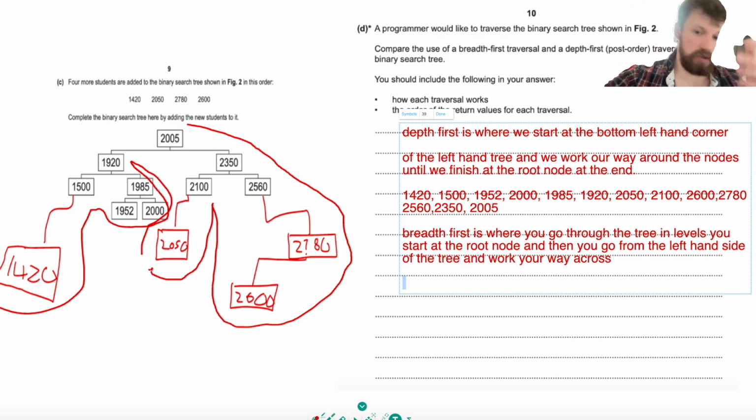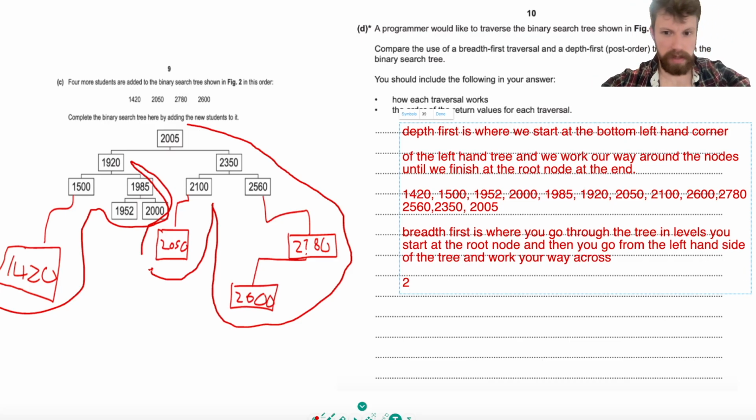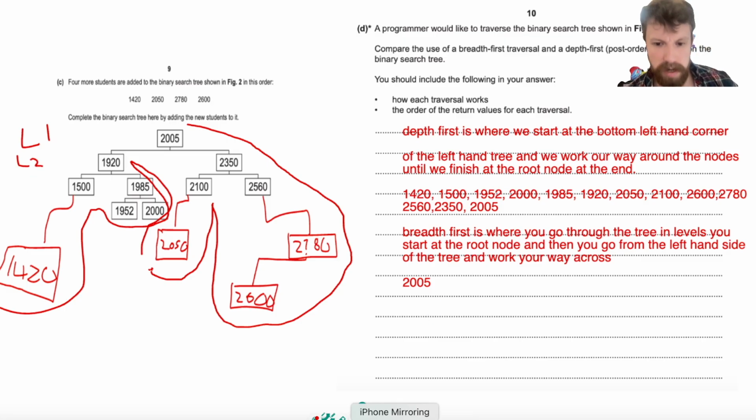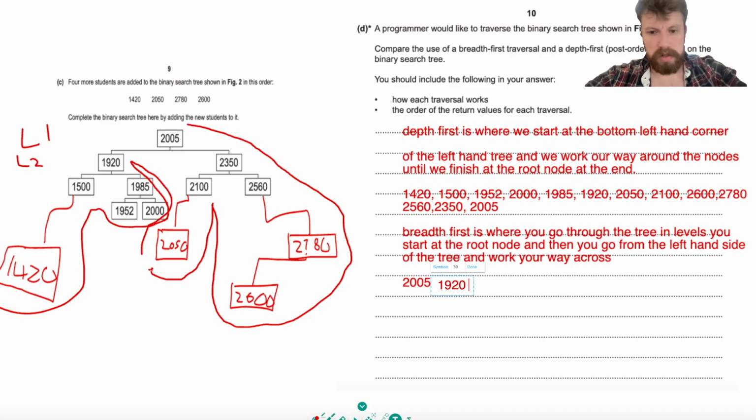That's the description, now the application. It starts at 2005 because that's the first node, so imagine this is level 1. Then level 2 is the next things we visit, 1920, 2350. Then level 3 is 1500, 1985, 2100, and you're just working from left to right.